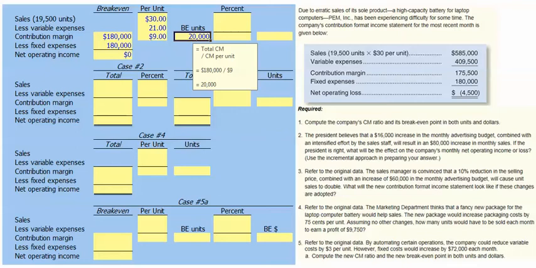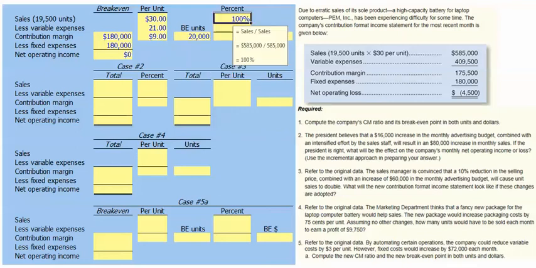On a percentage basis, our sales are 100%. Our variable expenses are 70% of sales, which is $409,500 divided by our $585,000 in total sales, which means our contribution margin ratio then is 30%, and that's the 100% minus 70. Or alternatively, we could have calculated that by taking the $180,000 contribution margin, dividing it by our total sales of $585,000.